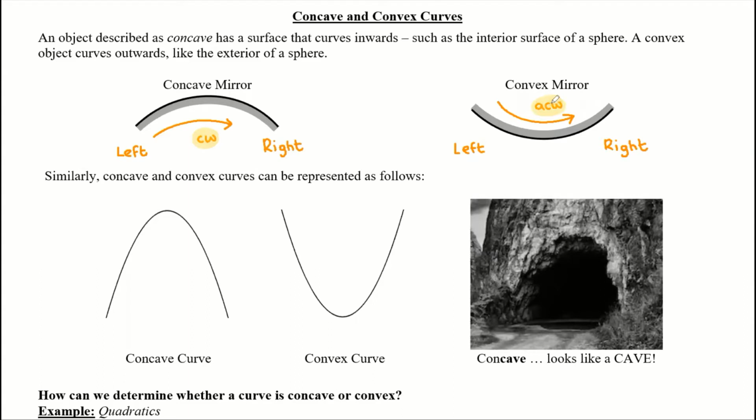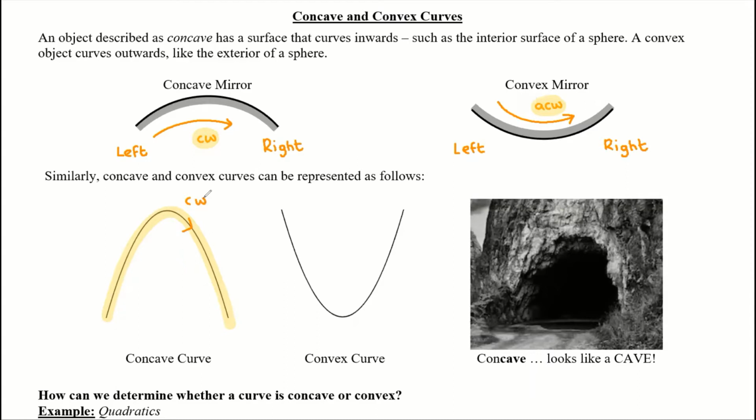So if we translate this analogy to mathematics, we've seen a concave curve and a convex curve already. This is the concave curve, because if I start from left to right and I go all the way around the curve, I'm moving my pen in a clockwise direction. So that tells me that this is concave.